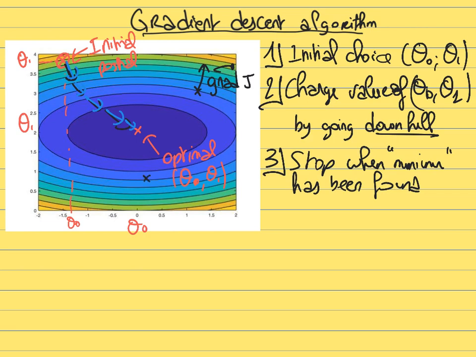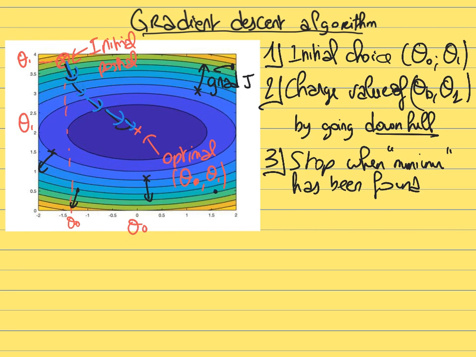If you take another point here, the direction in which the cost function J is increasing the most will be pointing downwards. If you take a point here, it's going to be like this. So the gradient is always pointing towards the direction in which the function is increasing the most. That's the property of the gradients.